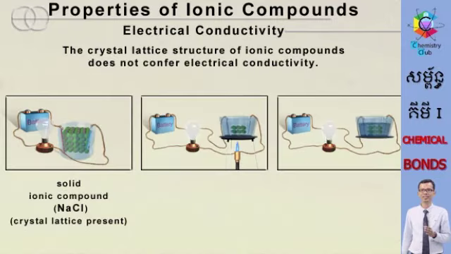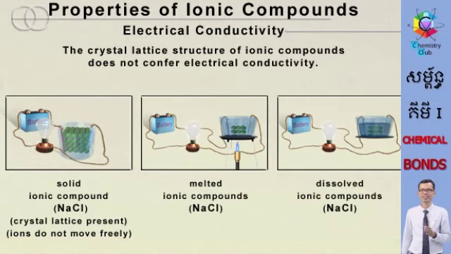One property that the crystal lattice does not confer is electrical conductivity, because electrical charges cannot move through the fixed ions in the lattice. Ionic compounds only conduct electricity when melted or dissolved in water, because ions are then capable of moving.